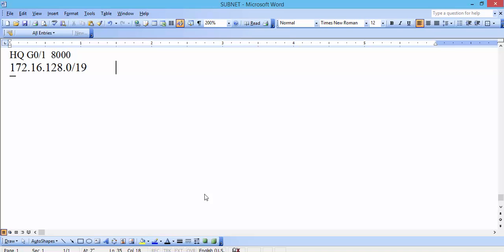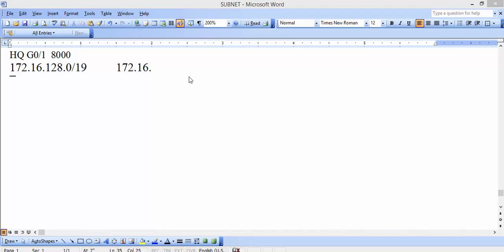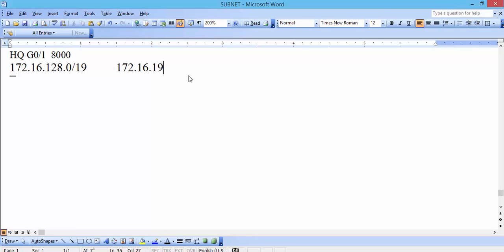host address. 172.16.192.0 is going to be our network address, and it is /19.